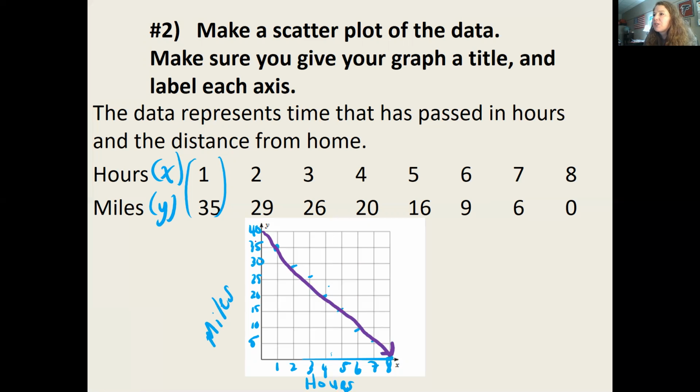So the first thing we're going to do is start with our y-intercept, and we know that part of my equation is going to include my y-intercept. In this case, it's going to be a 40. And then you want to pick 2 points, any 2 points from this graph, and you're going to use y2 minus y1 over x2 minus x1.